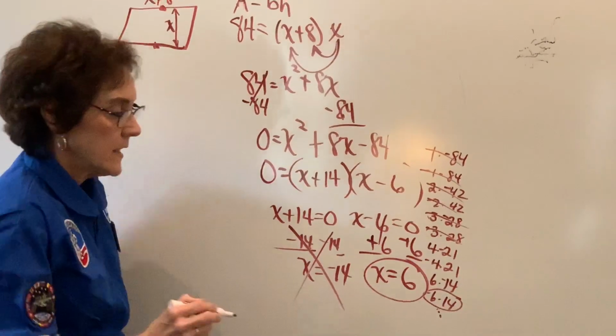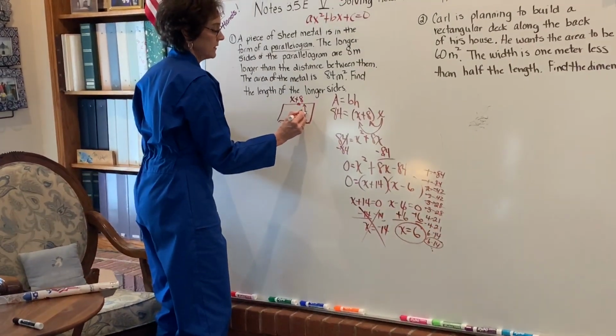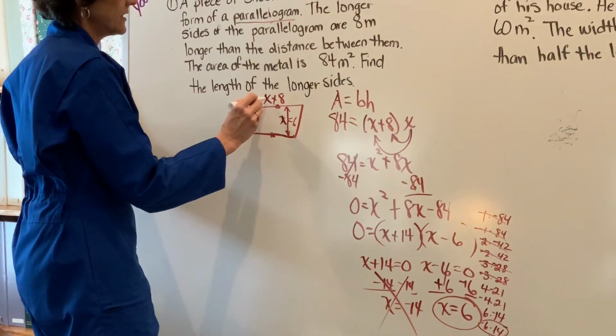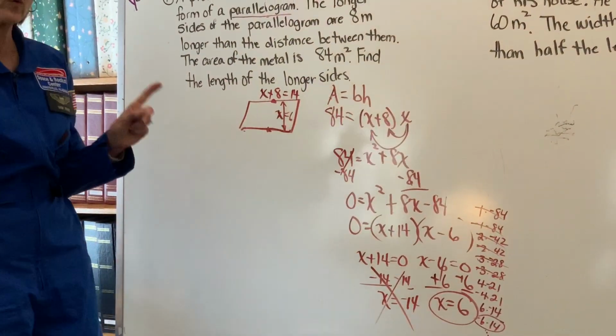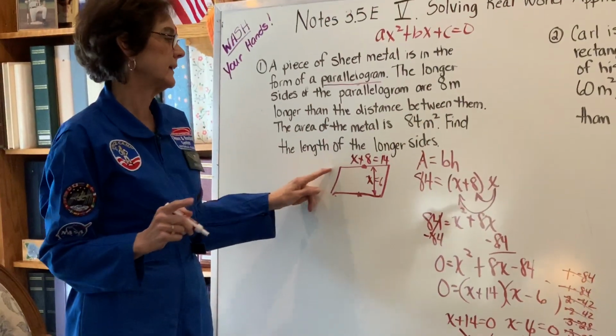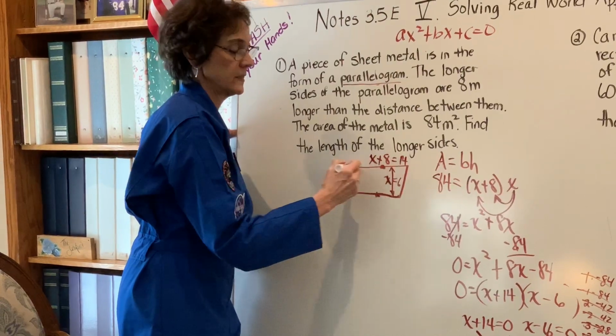All right, so what we're saying is this, it would be 6, and then 6 plus 8 would be 14. The actual question is, find the length of the longer side. Well, the longer side was 14.